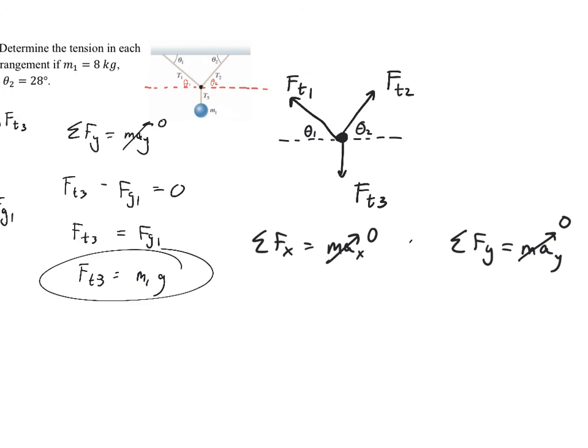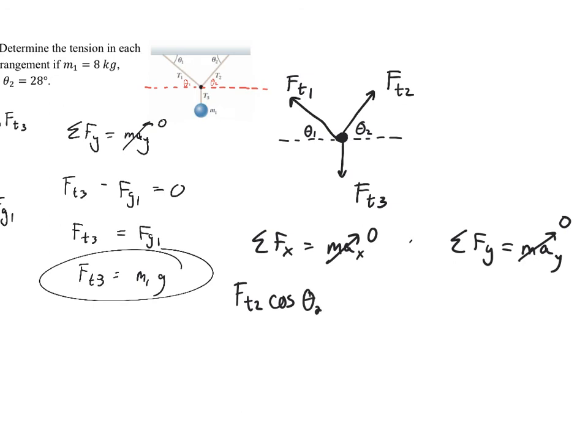In the x direction, I've got FT2 pulling to the right. So what's the x component of FT2? Remember, components of vectors. How do I find the x component always, Isabella? Take cosine. FT2 cos whatever the value is.